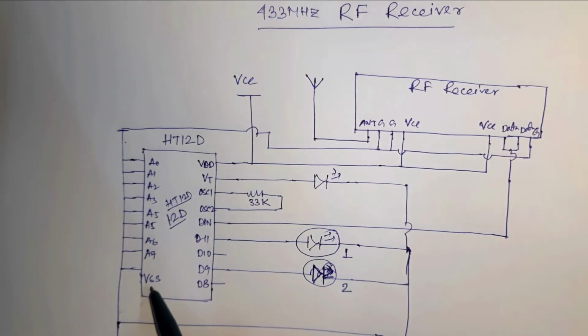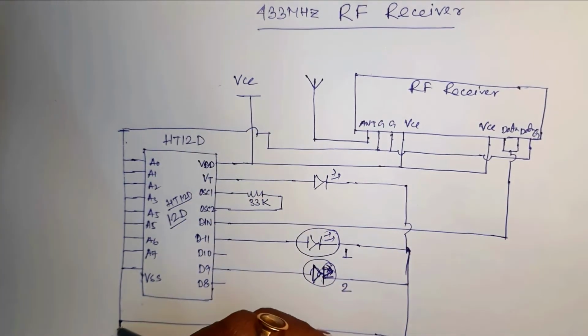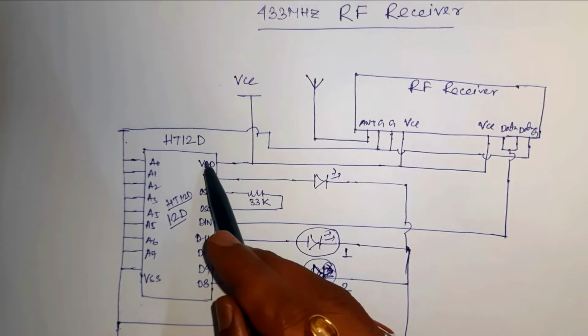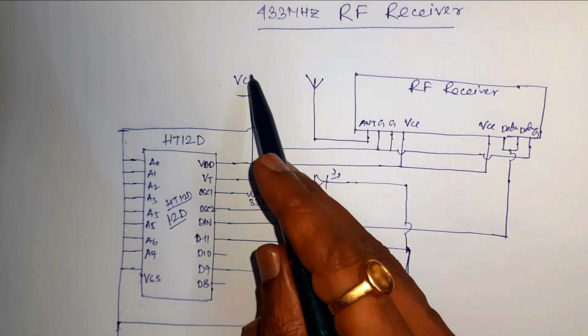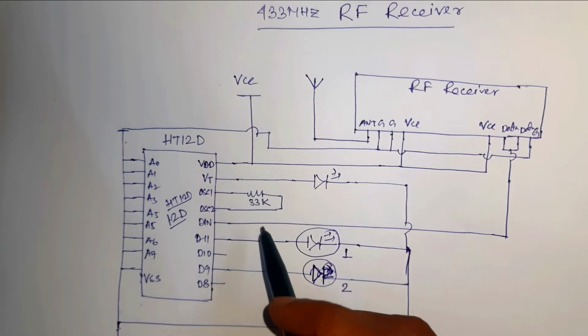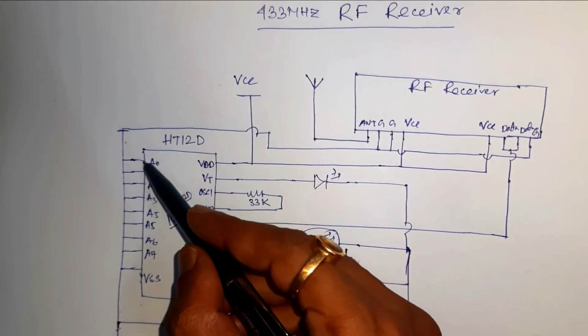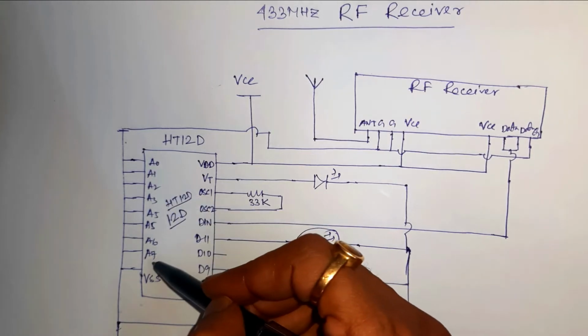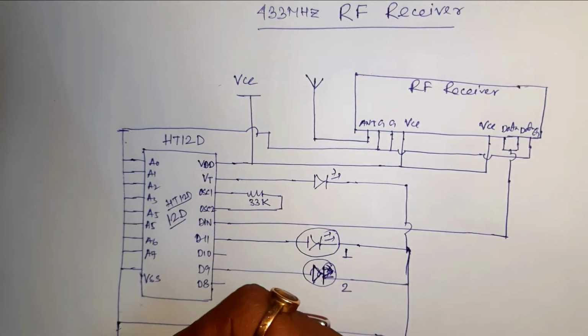The VSS pin is connected to the power supply ground pin, and the VDD pin is connected to the power supply positive terminal, that is VCC. And here pin number 1 to 8, that is A0 to A7, are connected to the ground terminal.